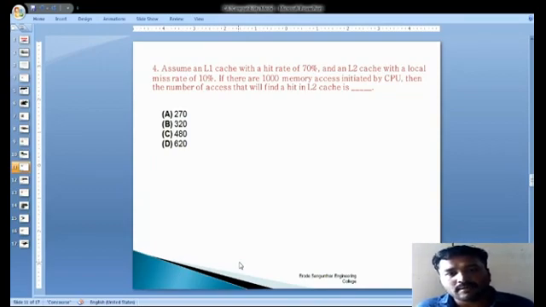In L2 miss rate is given, in L1 hit rate is given. They are asking about hit rate of L2 cache.